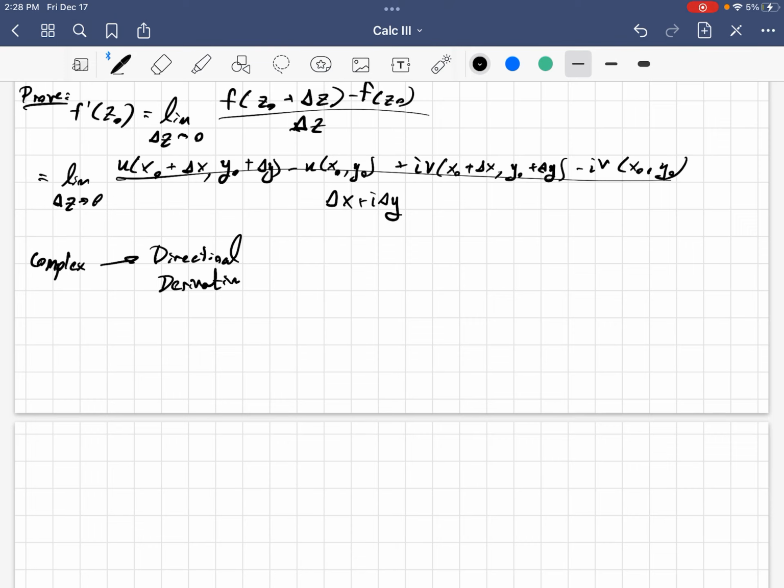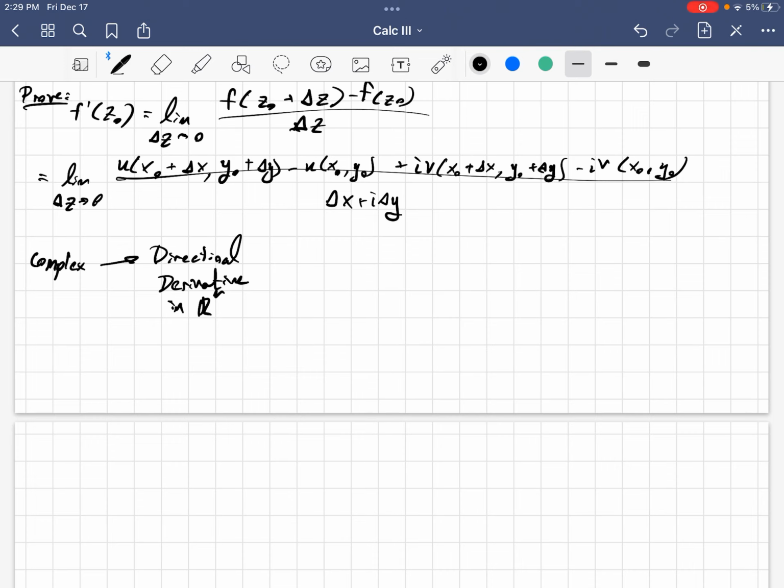And it's important to note that the directional derivative in R^n is wholly determined by the n standard basis vectors, right? If we know the directional derivatives in the n standard basis vectors that span our space, then we know the directional derivative for any vector in R^n.